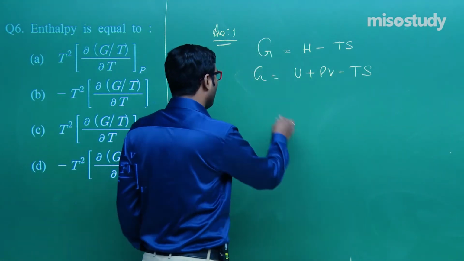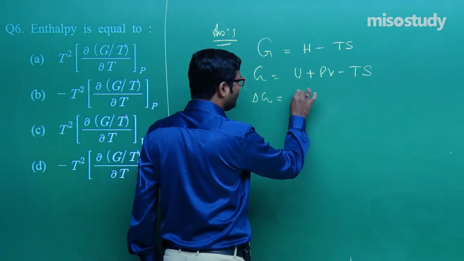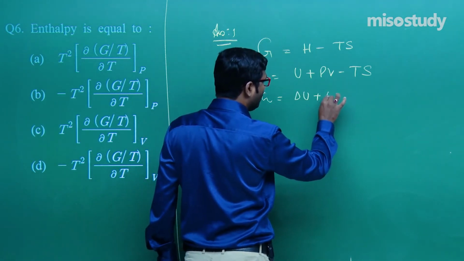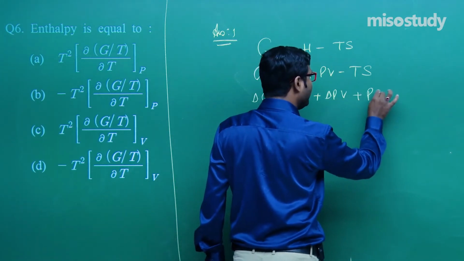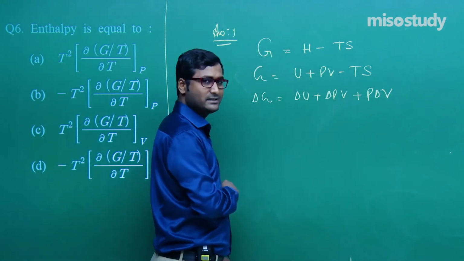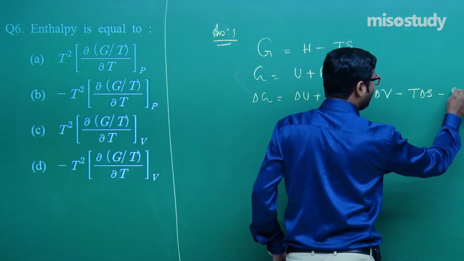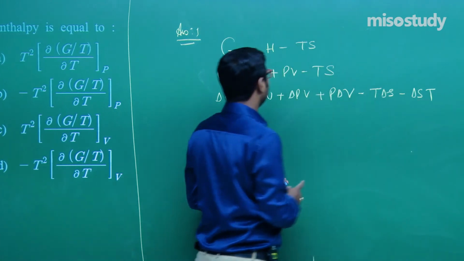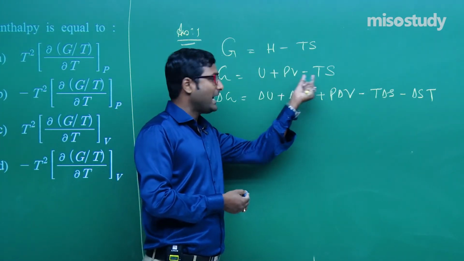Now delta G is equal to delta U plus delta PV plus P delta V, we can write like this, minus T delta S and minus delta ST. Clear to you? Delta G, delta U plus delta PV and delta TS.